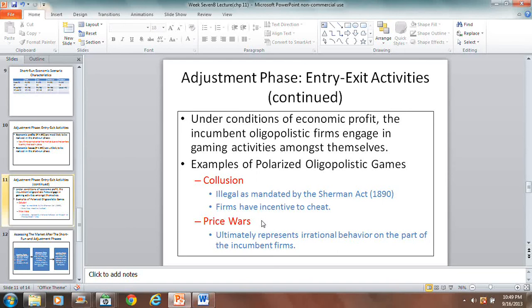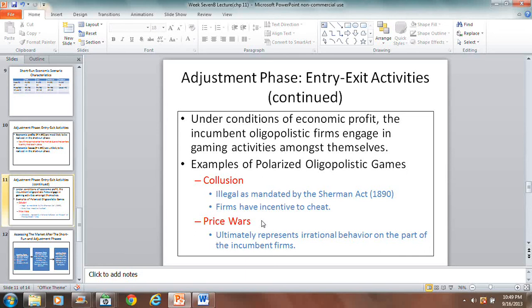Now, when you think of price wars from the consumer's perspective, we like price wars. We like them to lower price because the law of demand says if the price falls, we'll buy more. But from the firm's perspective, price wars are openly irrational behavior, because if they do nothing, as we saw with the kinked demand curve model, and just have their own little niches and peacefully coexist with each other, they will make economic profits.